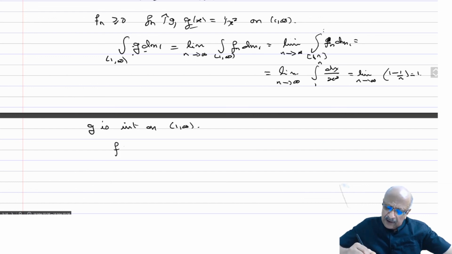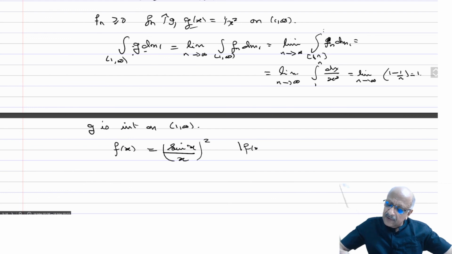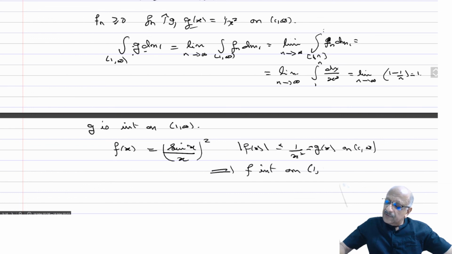Now f(x) equals (sin x by x) squared, and therefore the modulus of f(x) is less than or equal to 1 by x squared, which equals g(x) on 1, infinity. Since g is integrable, this implies that f is integrable on 1, infinity.